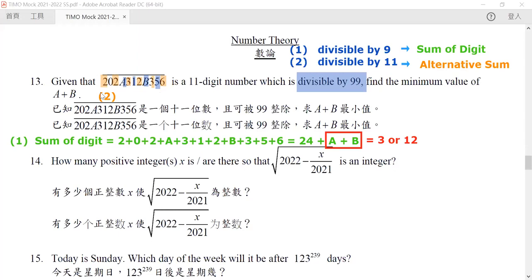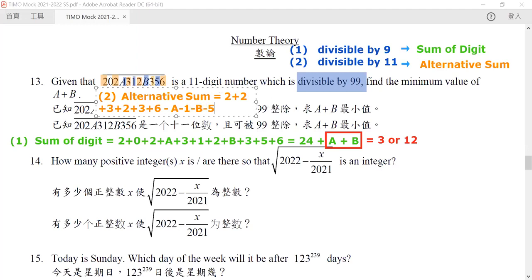So our alternate sum will have a result like this. It will be equal to 2 plus 2 plus 3 plus 2 plus 3 plus 6 minus a minus 1 minus b minus 5.